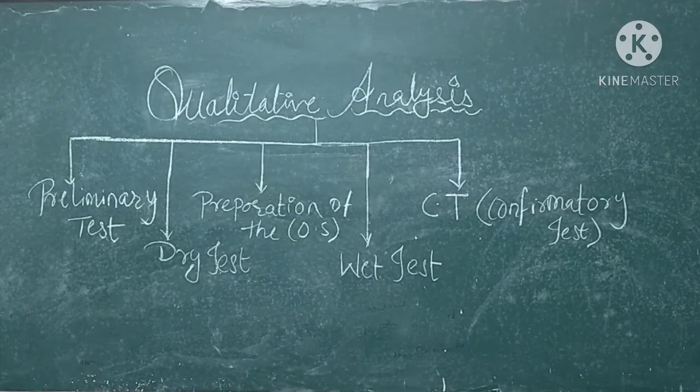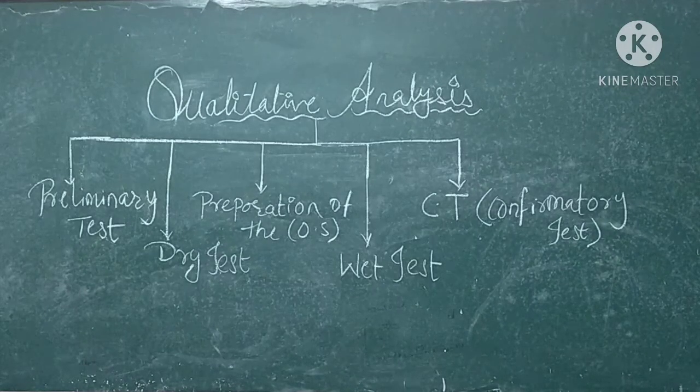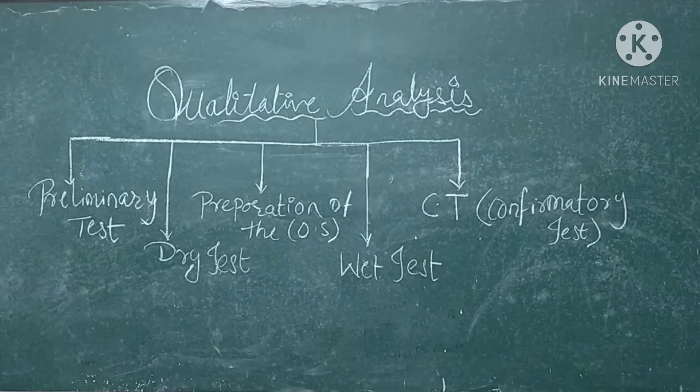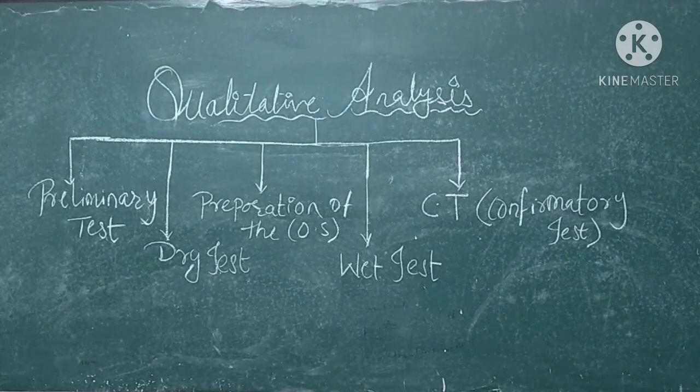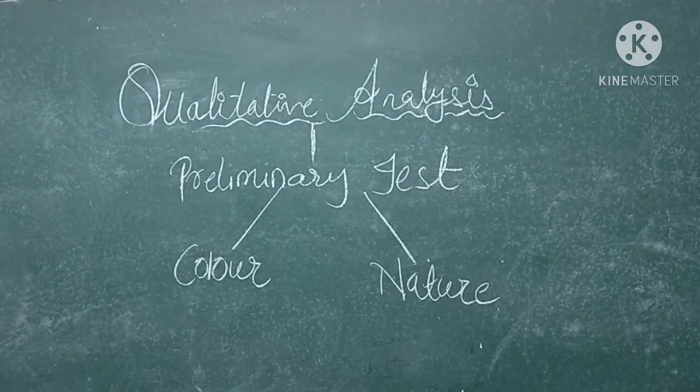In qualitative analysis, we have to perform the following tests. First is the preliminary test, second is the dry test for acidic radicals, third is preparation of OS, which means original solution, fourth is the wet test for acidic radicals, and last is the CT test, that is the confirmatory test.